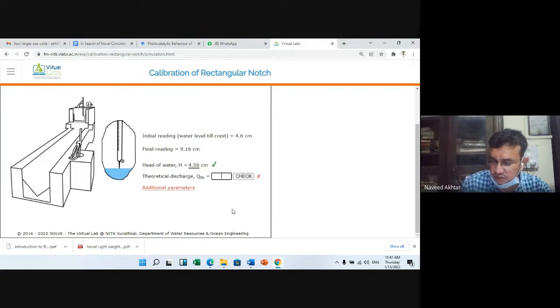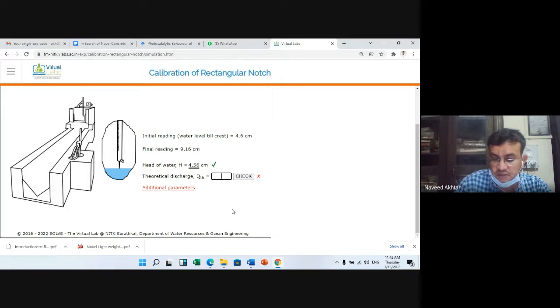G is in meter per second square, H is in centimeter, so you have to convert it into meter. 4.56 converted into meter is 0.0456. And the value of L is 0.151 meter.